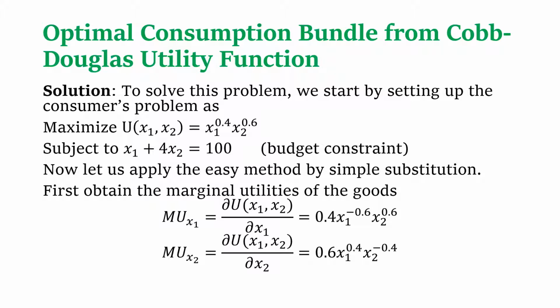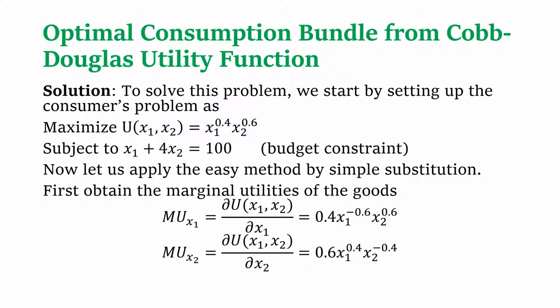Now, what is the marginal utility of good 2? This time we are going to hold x1 constant, and then we vary what? x2, right? Again, it is just like eating bread and butter in this case. So all we do here, we take the exponent of x2 and multiply by the whole of x1 to the 0.4, x2 to the 0.6.